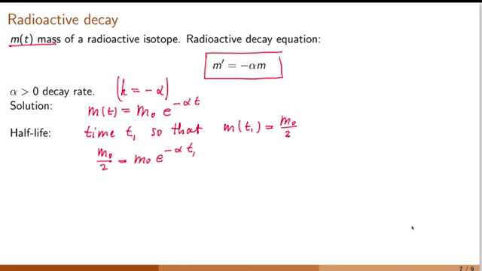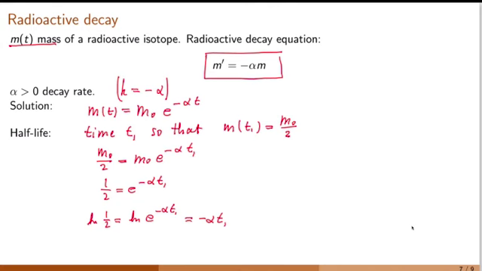First I cancel a factor of m0, so then I get 1/2 is e to the minus alpha times t1. And then I apply the natural logarithm, so then I have ln of 1/2 is ln of e to the minus alpha t1, which is of course minus alpha t1.